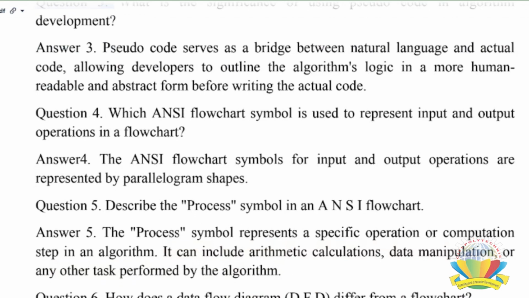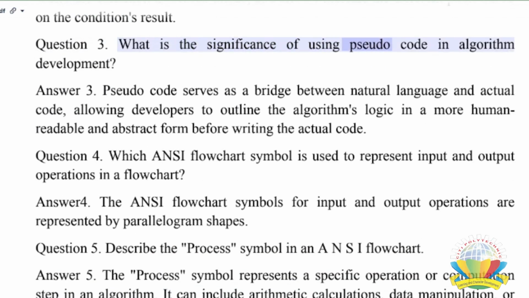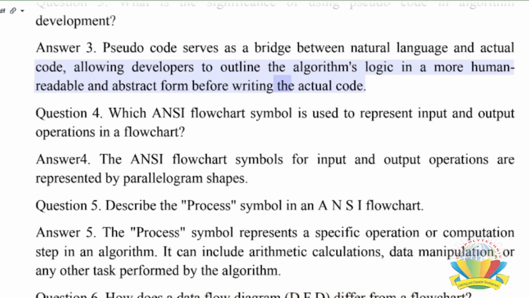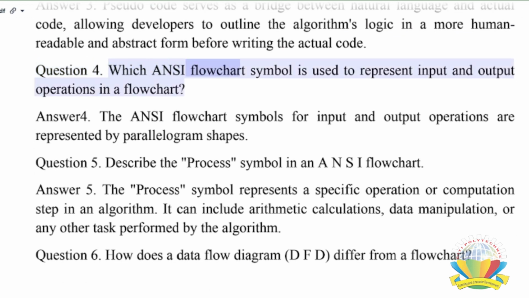Question 3. What is the significance of using pseudocode in algorithm development? Answer 3. Pseudocode serves as a bridge between natural language and actual code, allowing developers to outline the algorithm's logic in a more human-readable and abstract form before writing the actual code. Question 4. Which ANSI flowchart symbol is used to represent input and output operations in a flowchart?